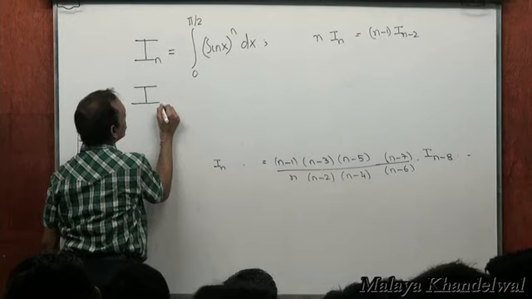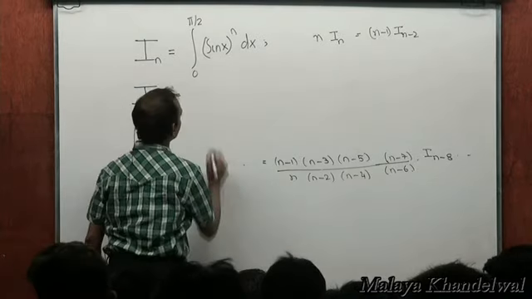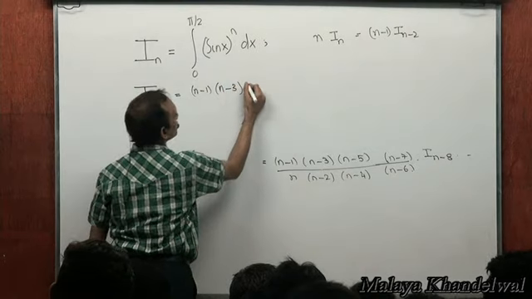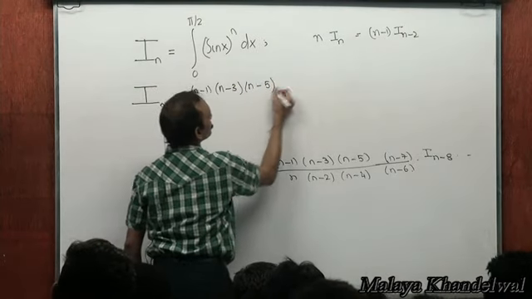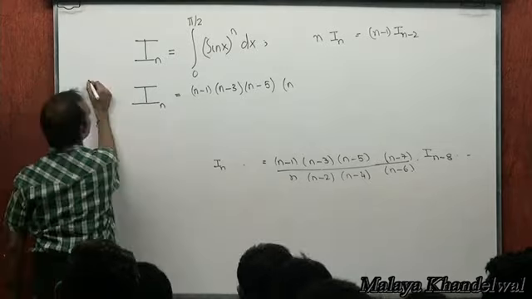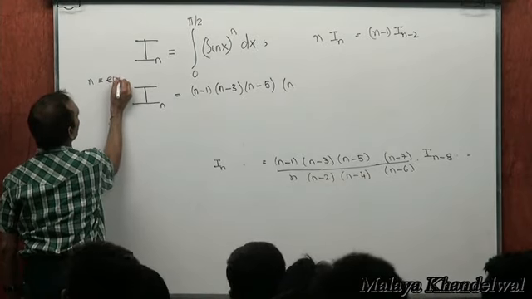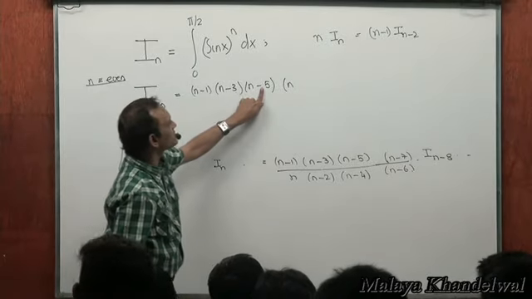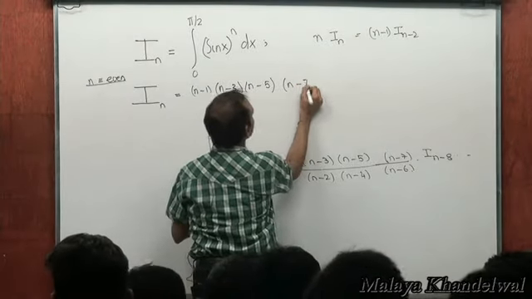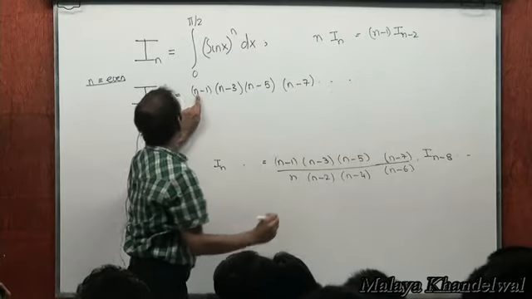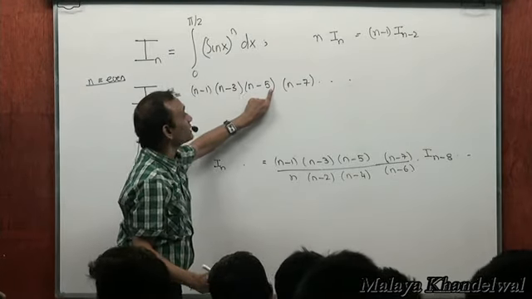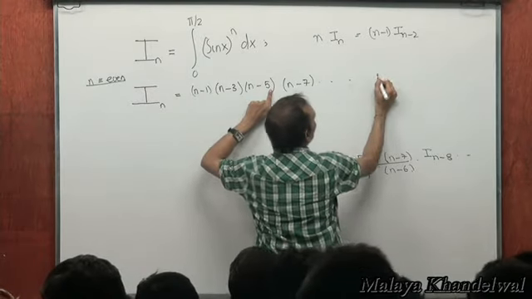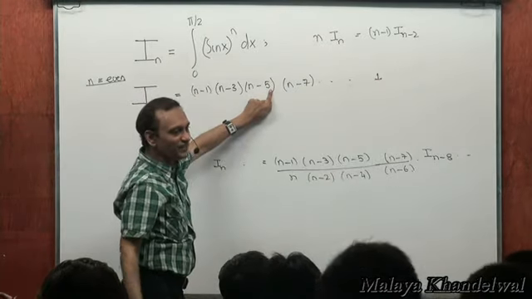I_n is (n minus 1) into (n minus 3) into (n minus 5) into (n minus 7), say when n is even. See, when n is even, n minus 1, n minus 3, n minus 5 are all odd. So this chain will end with 1.